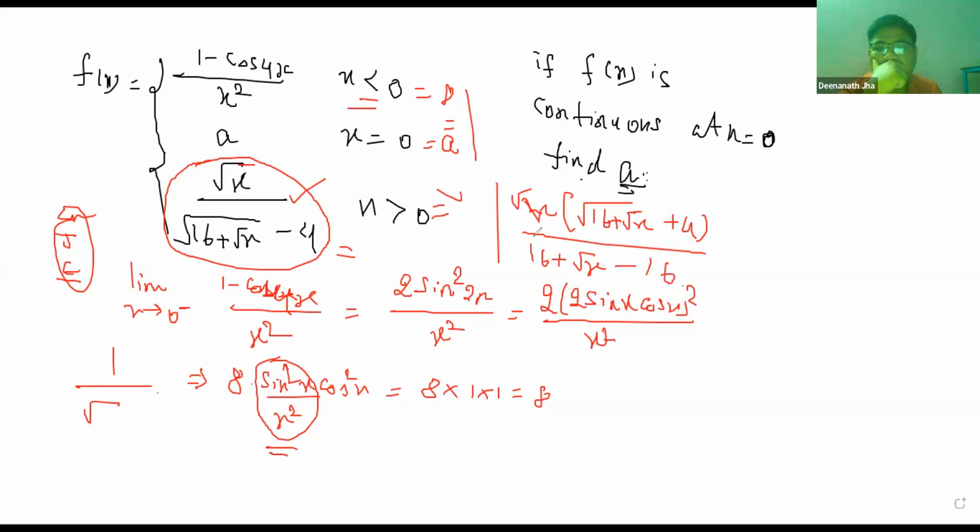This 16 cancels, this root x cancels. Now put x equal to 0 so that it will be 0, root 16 is 4, plus 4 is equal to 8. So now f(x) is completely continuous and the value of A is equal to 8. Got it? Any problem?